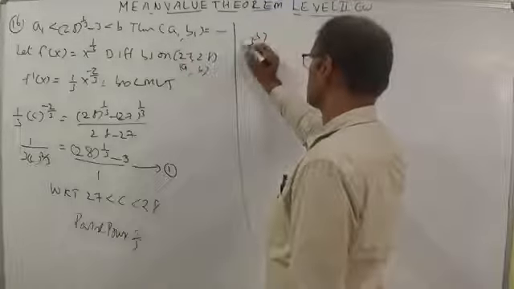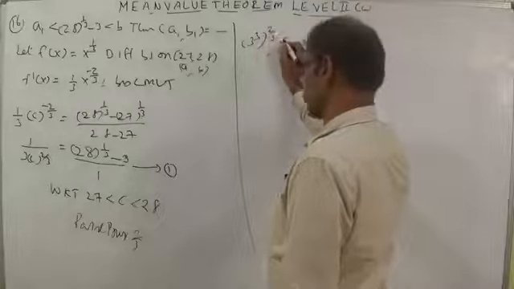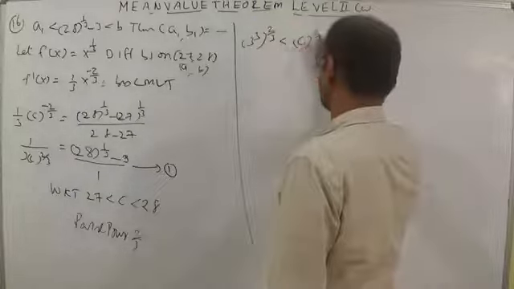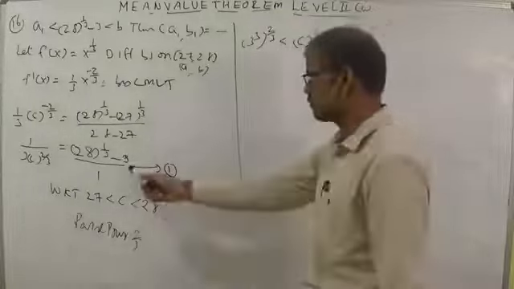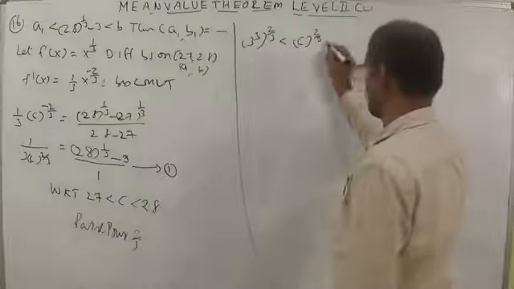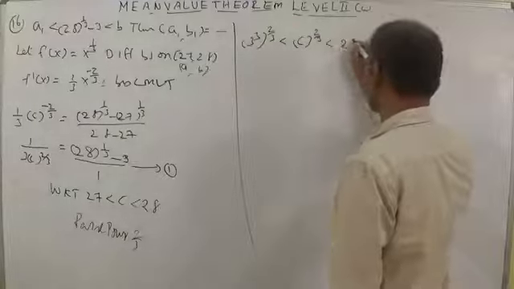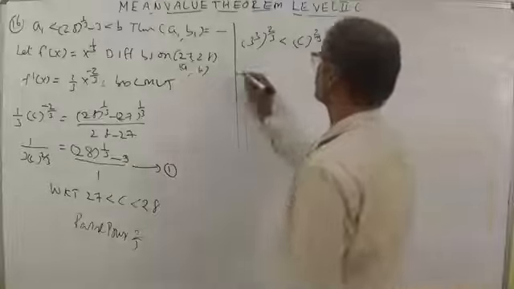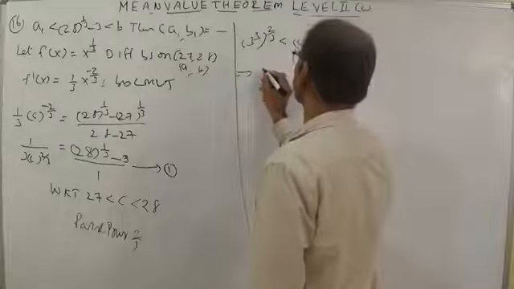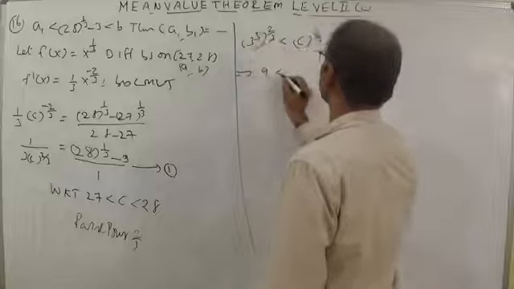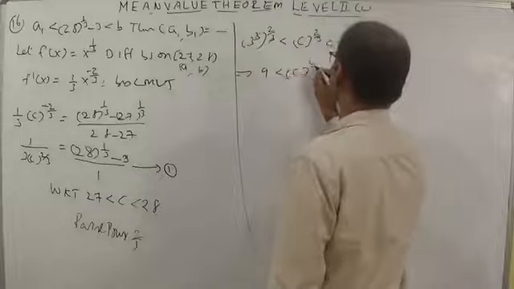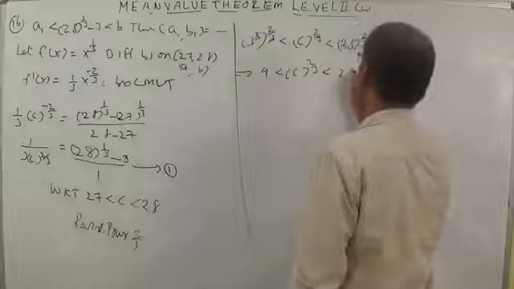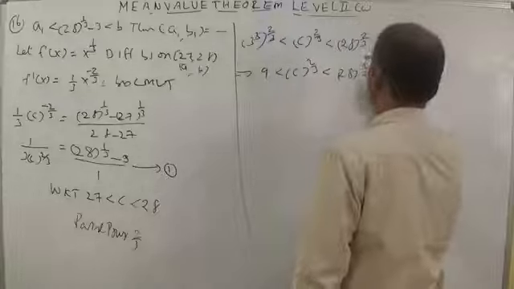27, you write 3 cube. 3 cube power 2 by 3. You write here less than c power 2 by 3. For the first equation I am writing less than 28 power 2 by 3. This can be written as 9, the 3 gets cancelled. 9 less than c power 2 by 3 less than 28 power 2 by 3.